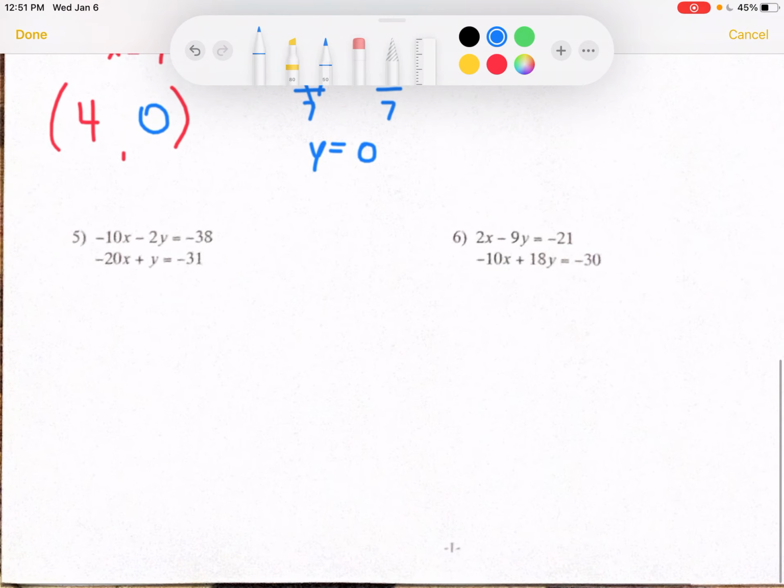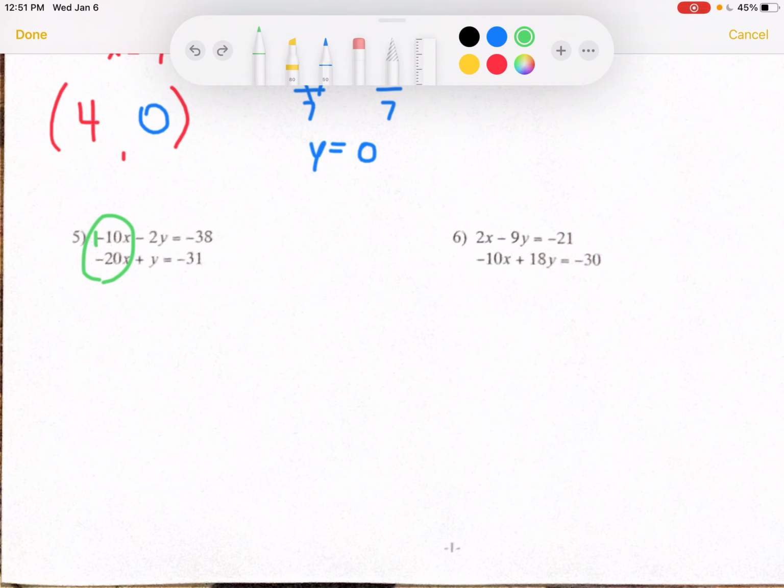All right, so continuing down, working on the odds. Number 5 is different because we have to multiply one of the equations by something other than negative 1, okay? So I could eliminate my y's here if I made this positive 2y, right? Or I could eliminate my x's here if I made this into positive 20x, okay?